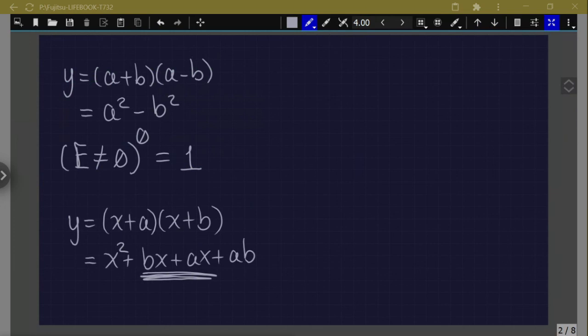So most of the time the way we write it obviously is x squared plus (a plus b)x. There we are. And then you put ab, the product of a times b. If one of them is negative, keep that in mind. You need to keep that in mind if either a or b is negative. Since it occurs so often, it's a good idea for you to keep it in mind.